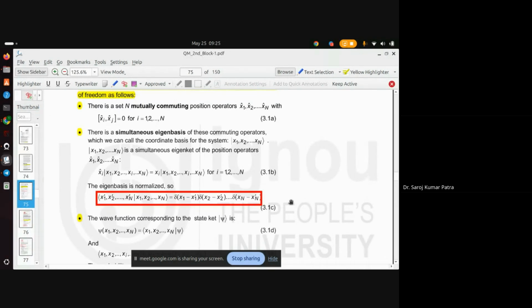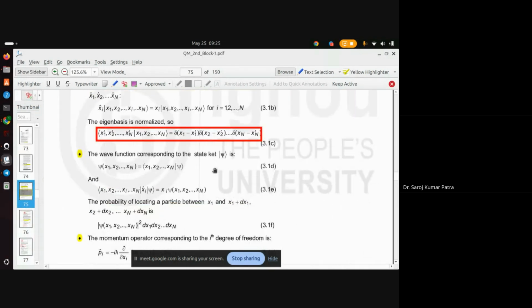The wave function corresponding to the state psi, this is the way we write it, right? So the bracket of x1, x2, xn with psi is nothing but psi(x1, x2 up to xn). So psi, which is the wave function, will have all the basis vectors x1, x2 up to xn.